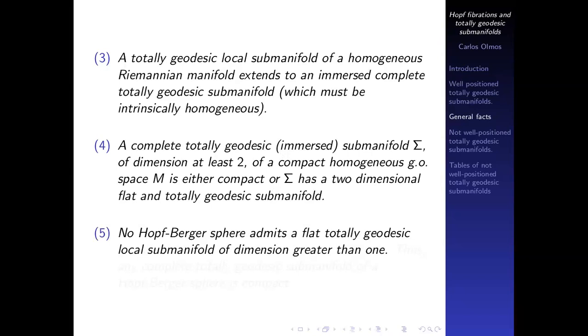This is interesting to include. Also, one can prove that Hopf-Berger spheres admit no flat totally geodesic submanifolds of dimension at least 2. The reason is that for a flat manifold, using the isotropy you can always put it as a normal space of the isotropy action, and then this would be totally geodesic in a Berger 3 sphere, but this cannot be.